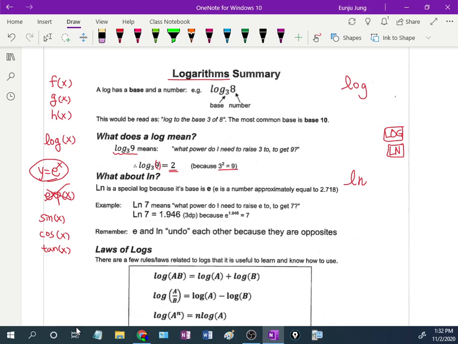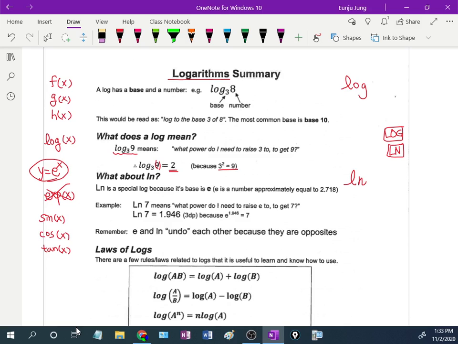So ln is a special log because its base is the number e. We saw the number e the other time when we talked about compound interest. It is approximately 2.718, and that is the number e. When we use base e, we are using the natural logarithm, and we will see those in the future, okay?